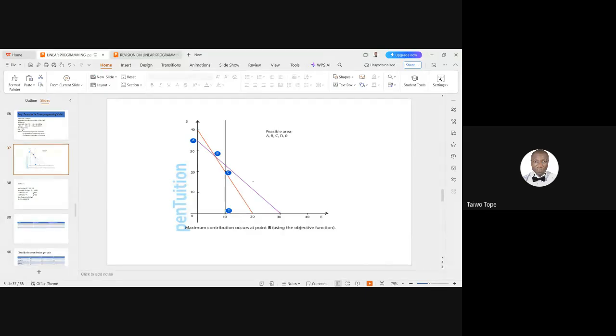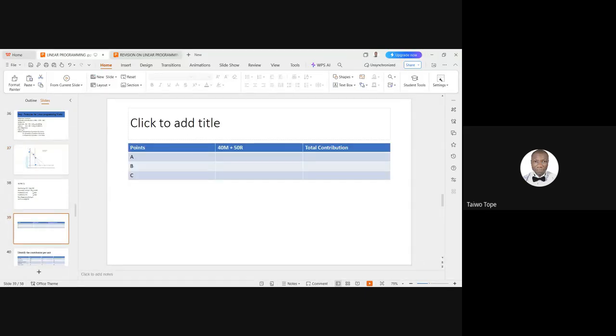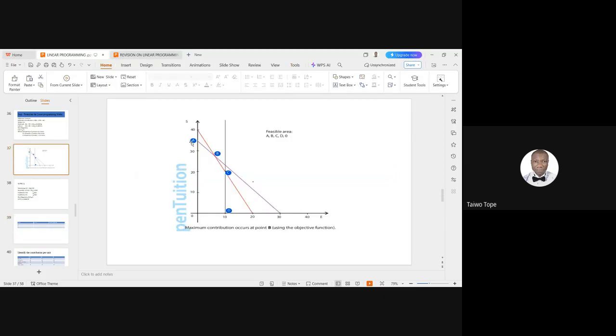So, okay, let us use the solution table. Your contribution is 6x plus 9e. So now at point A, what is the value at point A?